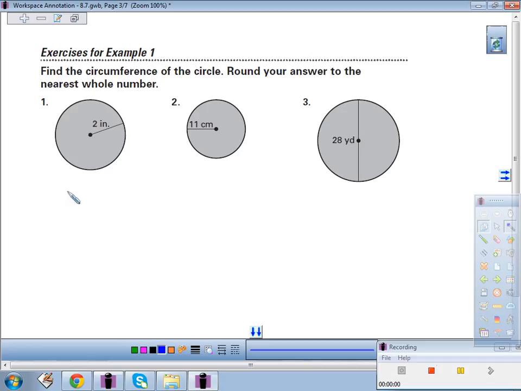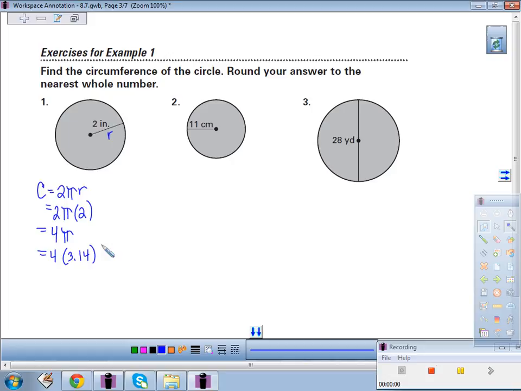Okay, for number 1, we can see that they give us the radius like they did in the example, so we're going to use the circumference formula, that is 2 times pi times the radius. So here, the radius is 2 inches, so 2 times 2 is 4. We get 4 pi, and so again we can use 3.14 just to approximate pi.